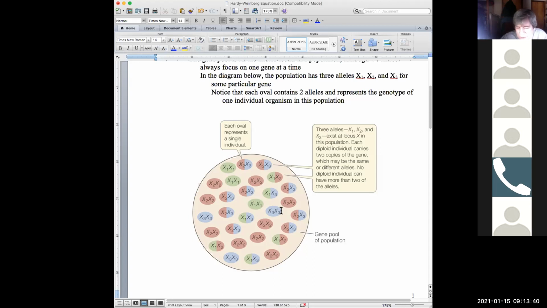Now notice we're only looking at whatever gene X is the instructions for. We're not looking at all the alleles for every characteristic. The reason is that when we start trying to do the math for more than 2 characteristics at the same time, the math is just overwhelming.